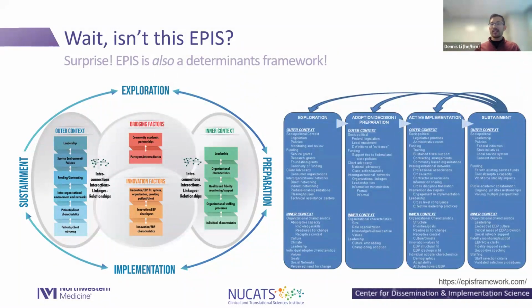And one of the advantages over CFIR that EPIS does have is, again, telling you about the timing of which determinants are important at what stage. So you can design strategies, particularly on this figure on the right, to target those specific determinants at those different stages, depending on where you are in the process.